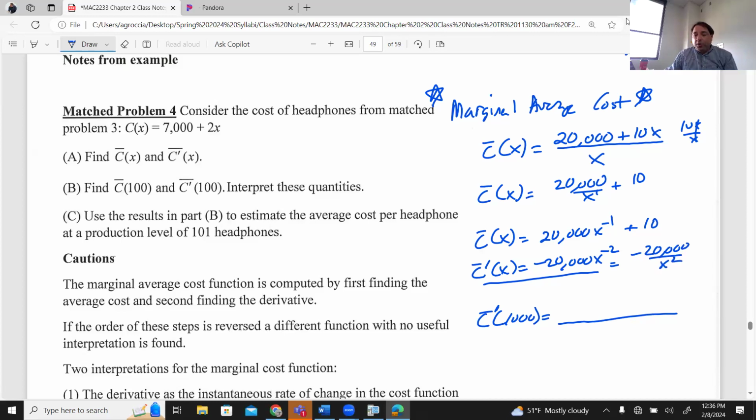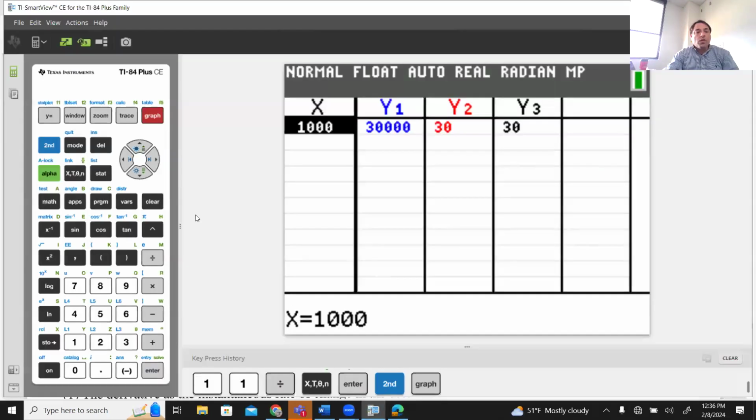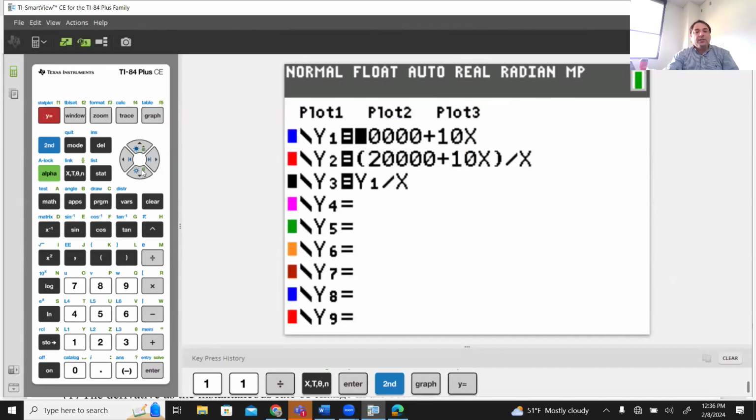Now, there's your derivative. Let's check it in the calculator. Go to y equals, and let's change a couple of things. I'll leave it all there. There's cost. There's average cost.